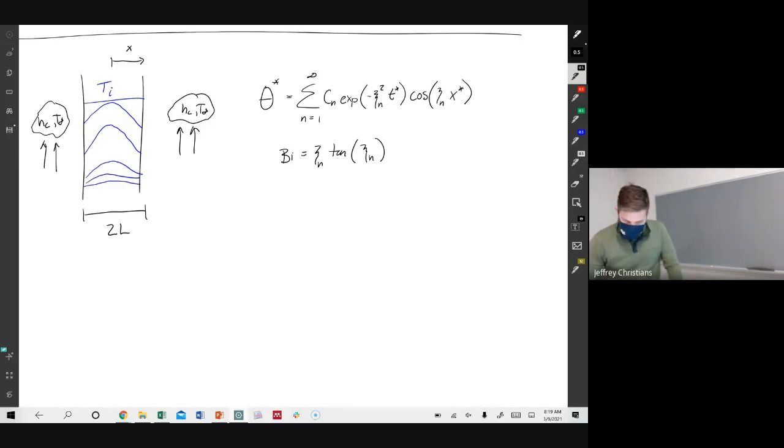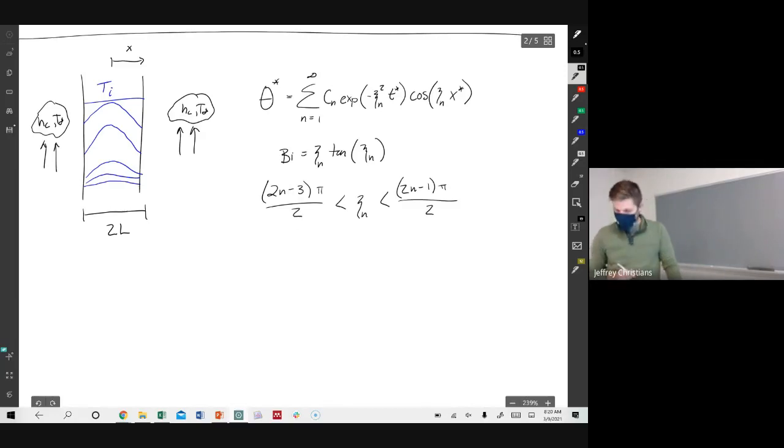So we find these between 2n minus 3 pi over 2 and 2n minus 1 pi over 2.